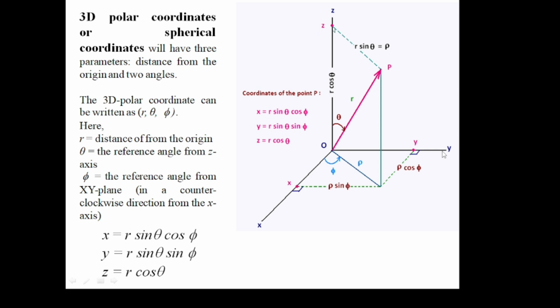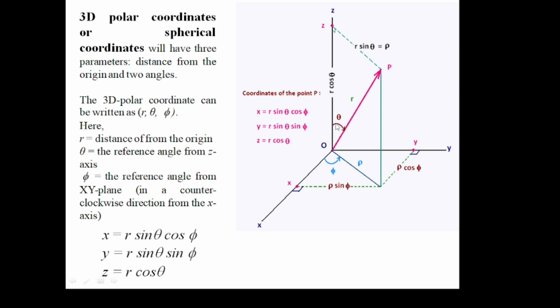If we draw a sphere, r is the distance from the origin and also the radius of the sphere, theta is the reference angle from the z axis, and phi is the reference angle from the xy plane in the counterclockwise direction.